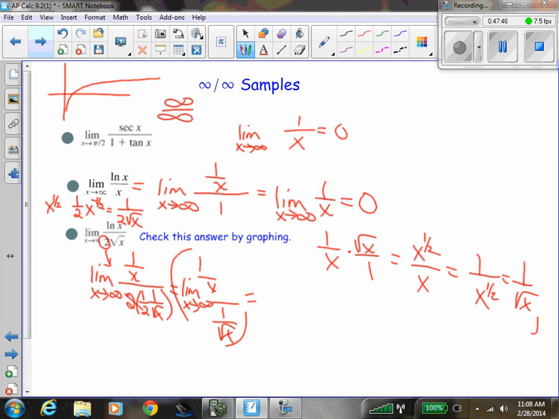And now the 2 is going to cancel one of those, so I've got that. All right, so this is the limit as x approaches infinity of 1 over the square root of x. Now, what's the value of that limit? All right, 0.